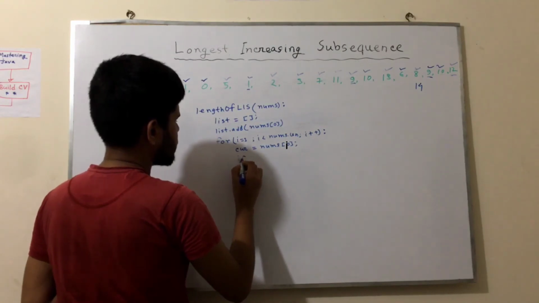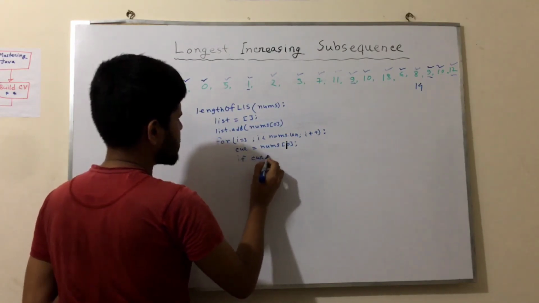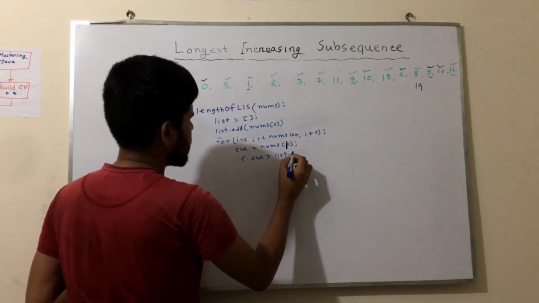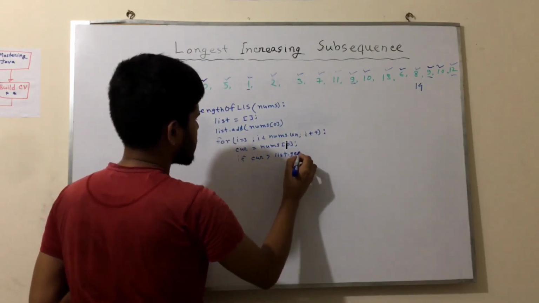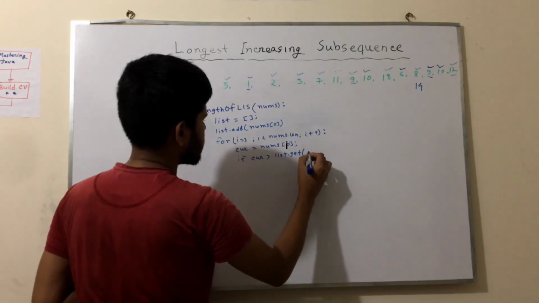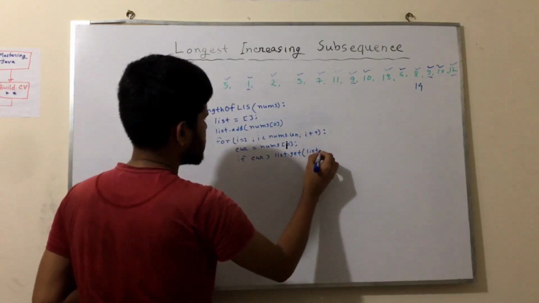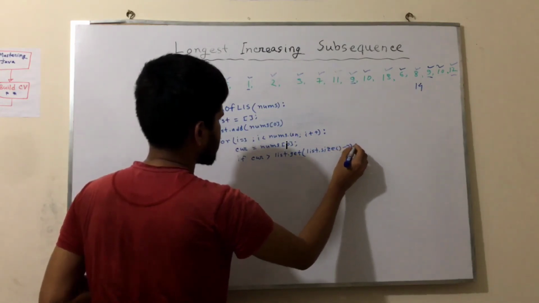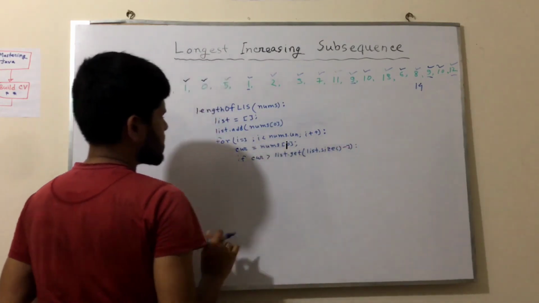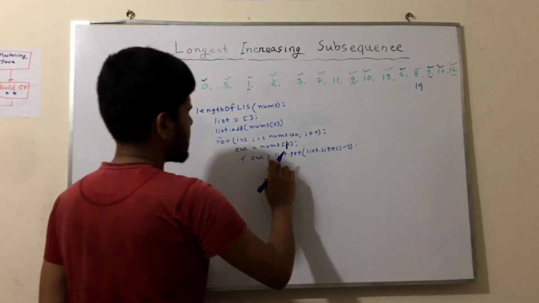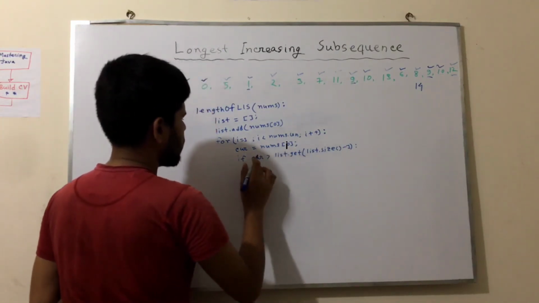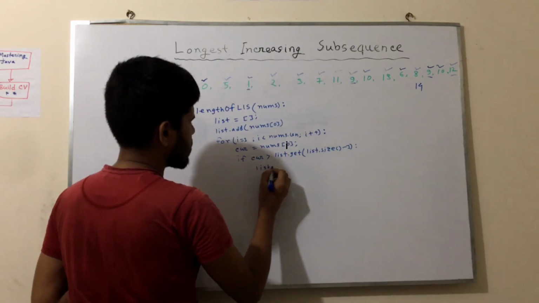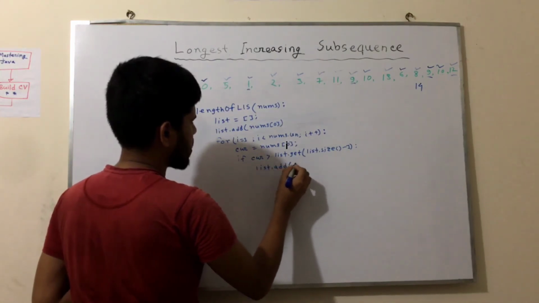If our current element is greater than the last element of the list, so list dot get the last element, we can get it using list dot size minus 1. If the last element is less than our current, then we'll add the current to our list. So list dot add current.